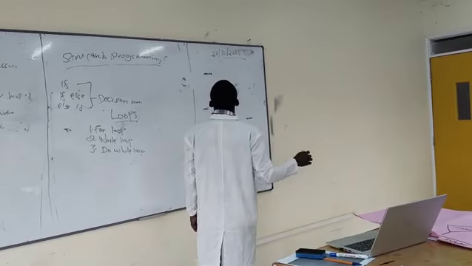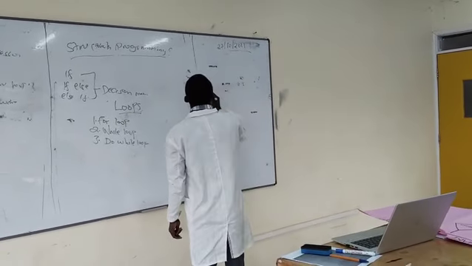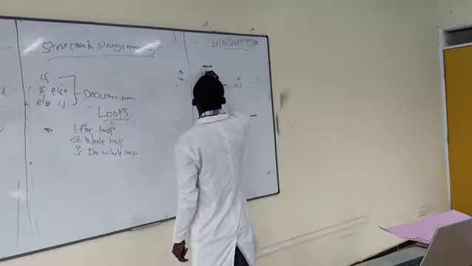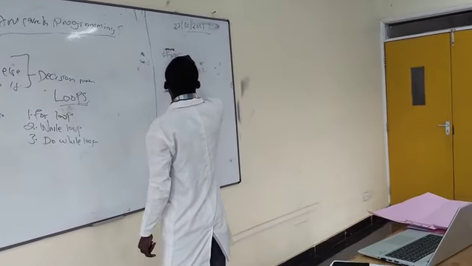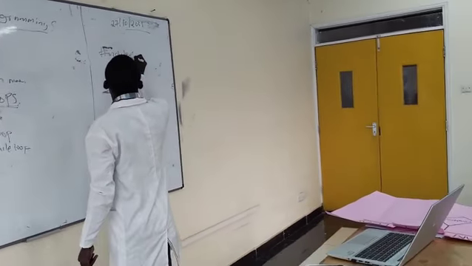So how do we start our C program? We have hash include stdio.h. Then we go to the main function.